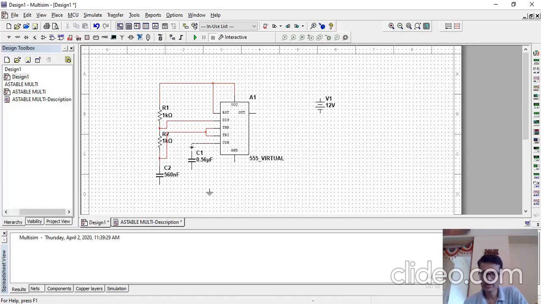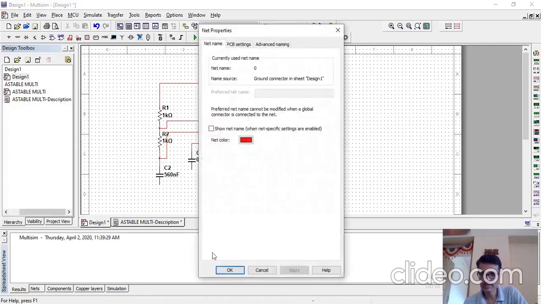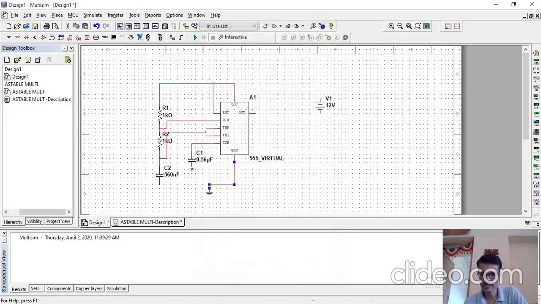The control pin is connected through a capacitor to the ground. Pin number 1 is connected to the ground, that is the ground pin of IC 555. This is again connected to the ground. So this should go to the supply, pin number 8, VCC.